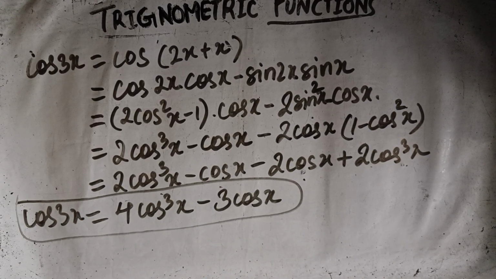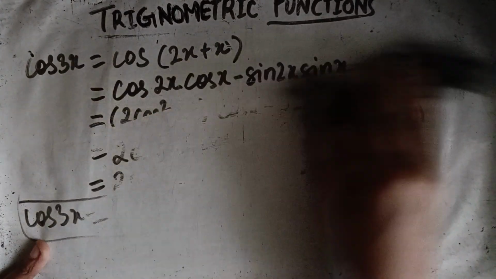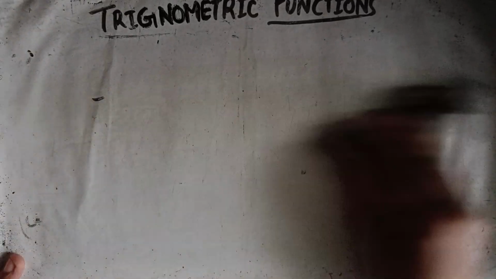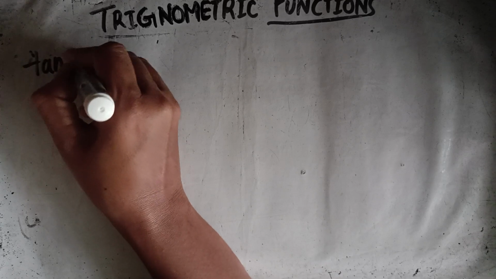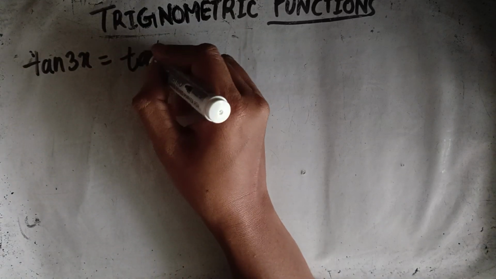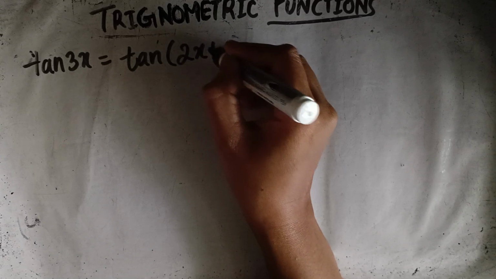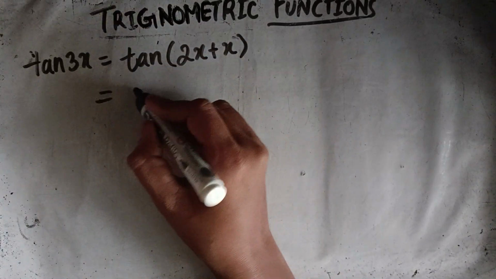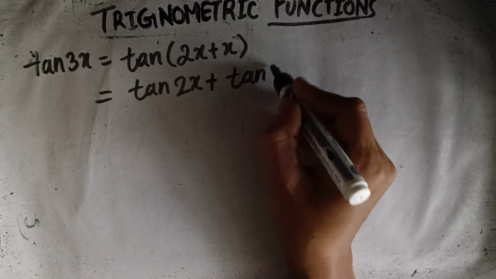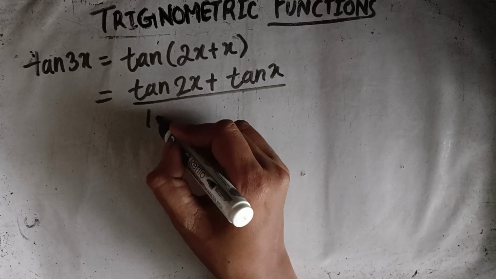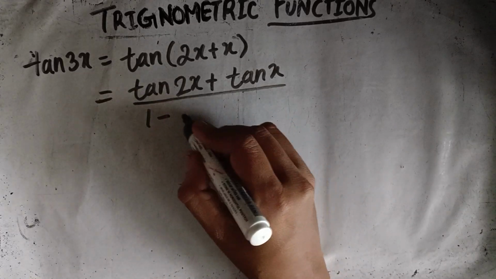Okay. Next is tan 3x. For tan 3x, again the same thing you have to use. Tan 3x, you can take as tan of 2x plus x, then applying tan(a plus b), tan a plus tan b upon 1 minus tan a into tan b.